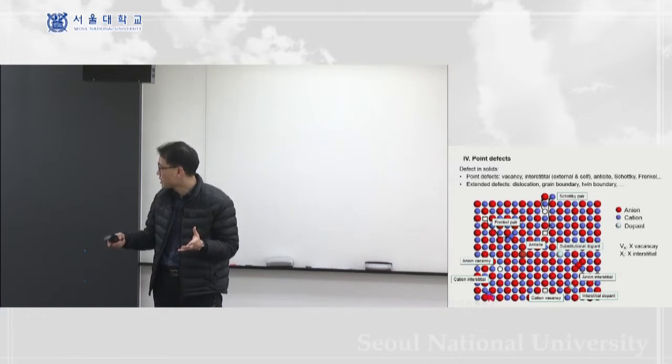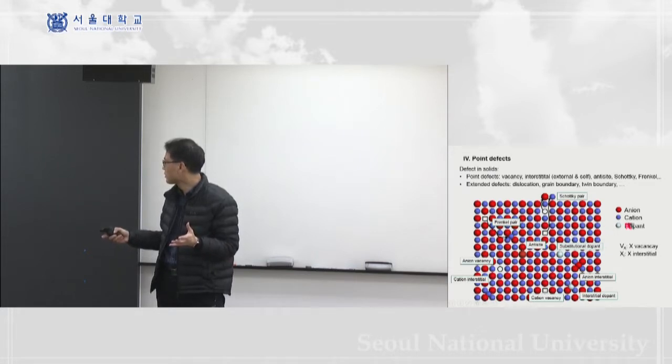Sometimes external atoms, called dopants, intentionally or unintentionally get into the material, and if they take up an interstitial site, it's called an interstitial dopant. But when those external atoms replace one of the atoms in the host material, like anion or cation, it is called a substitutional dopant. All right, both are possible.